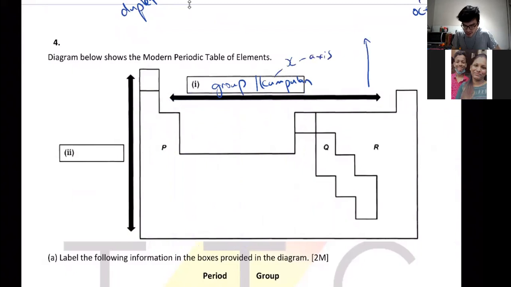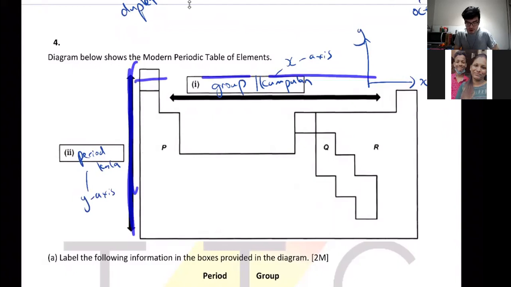If this makes no sense to you, think of it as your x-axis. When you draw your x and y axes, x is horizontal, but you're talking about vertical lines here. This is coordinate 1, coordinate 2, coordinate 3, coordinate 4. So think of your group as the x-axis, and then your y will be this period, the rows.